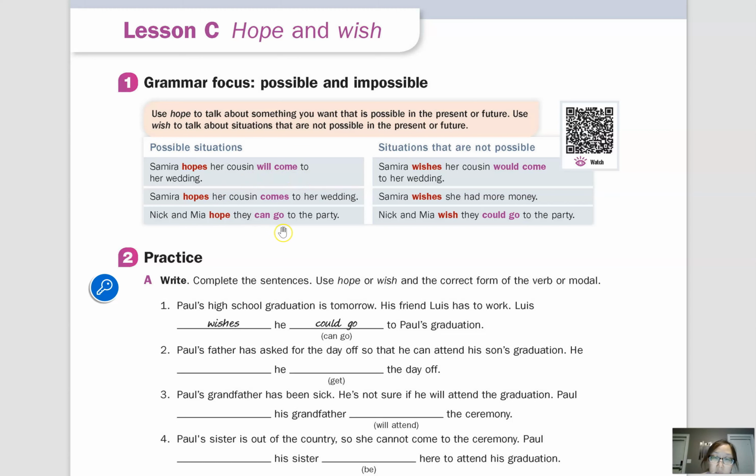So, for example, Samira hopes her cousin will come to her wedding. Even though this is a wedding in the future, we use present tense to talk about her desire, her hope. Okay? So now let's take a look at the practice section.